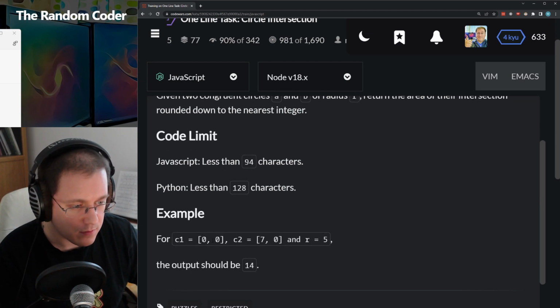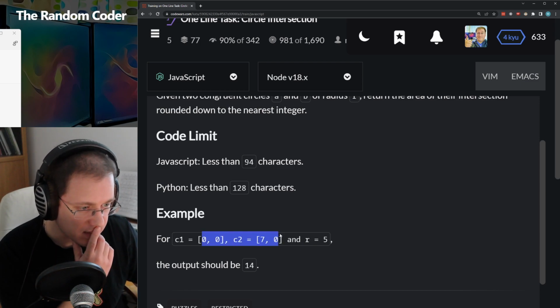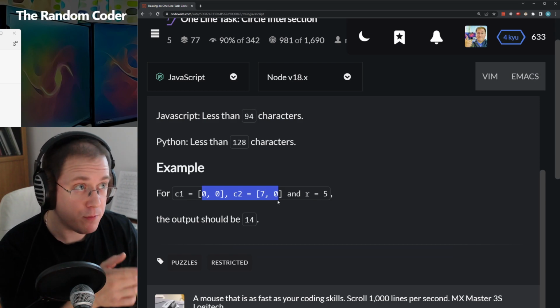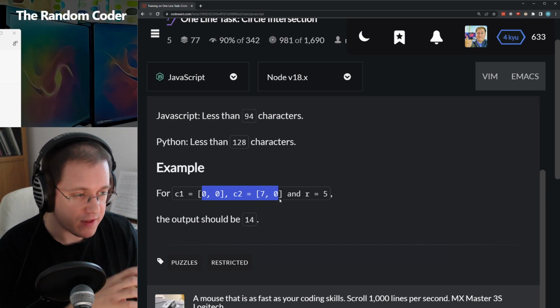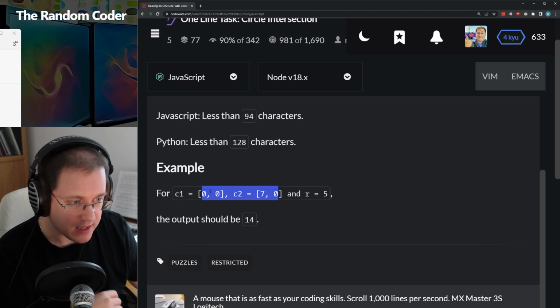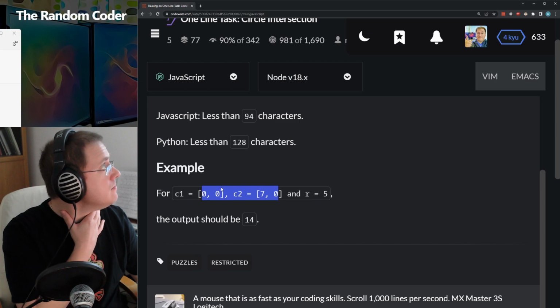Instructions, right? So circle 1, circle 2, they're arrays indicating coordinates. So they may or may not overlap potentially if they're on some kind of two-dimensional plane, depending on the radius and their position.